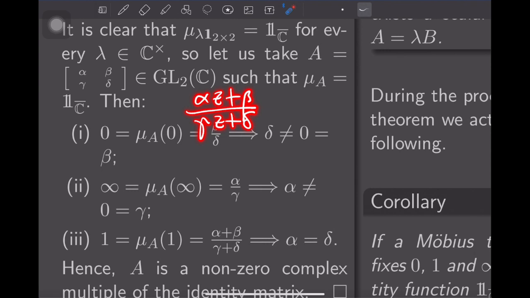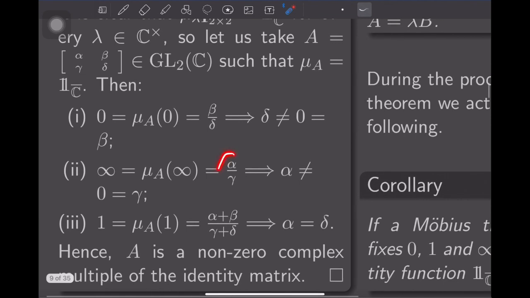But when Z tends to infinity, it's kind of just the coefficient of the leading term divided by the coefficient of the leading term, because both the numerator and denominator have the same degree. Okay, right? But then this is alpha divided by gamma is infinity, so it must be the case that gamma is 0 and alpha is not 0.